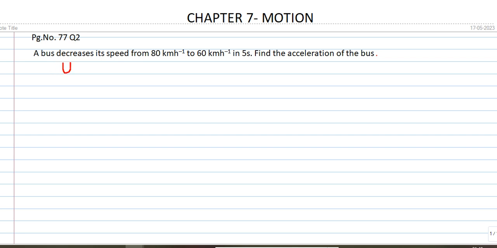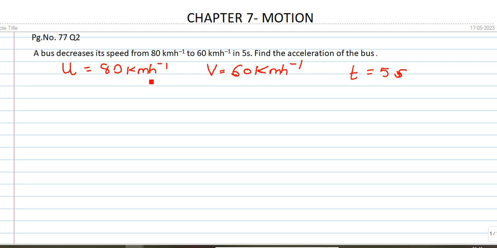The initial velocity u is 80 kilometers per hour, the final velocity v is 60 kilometers per hour, and the time t is 5 seconds.